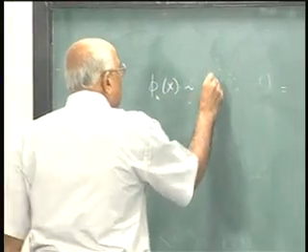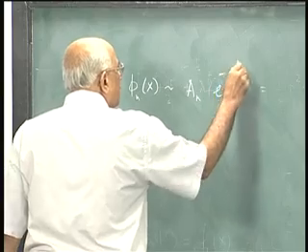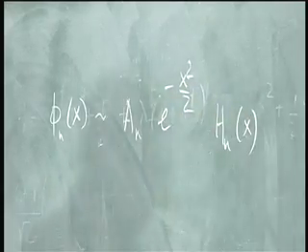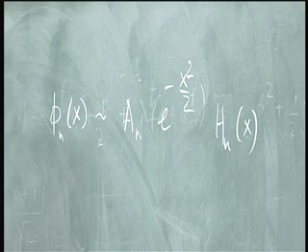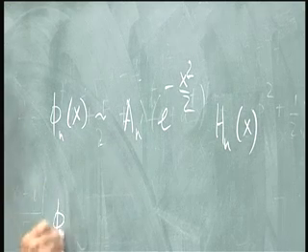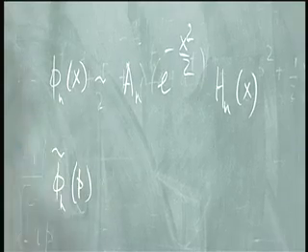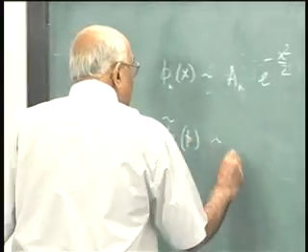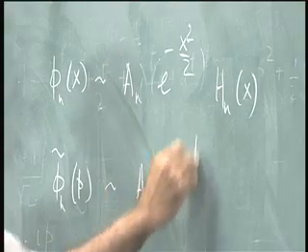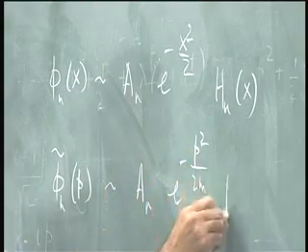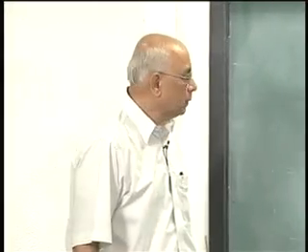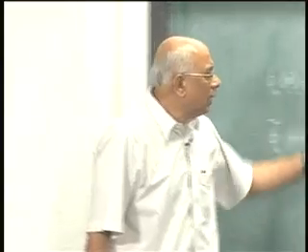These go like some normalization constant times e to the minus x squared over 2 and then Hn of x. In the momentum basis, phi n tilde of p for the same eigenstate would go like some an times e to the minus p squared over 2 times Hn of p. So the functional forms are exactly the same.